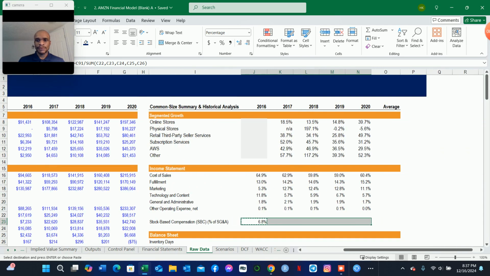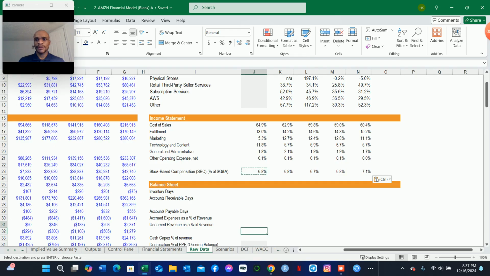We can copy this. So we have that in place there.